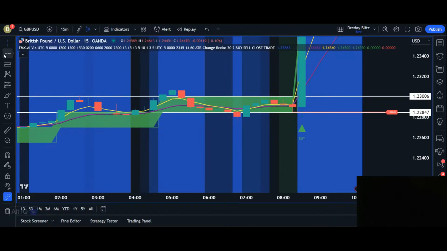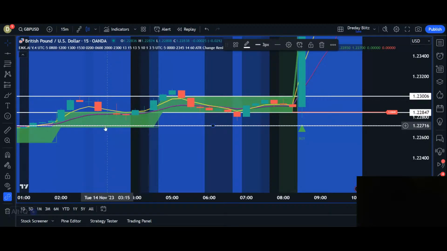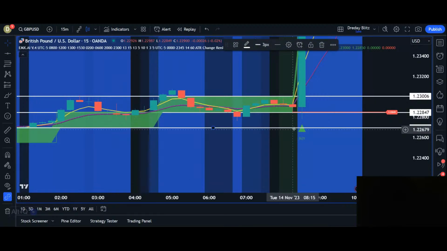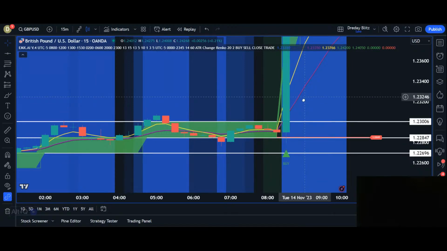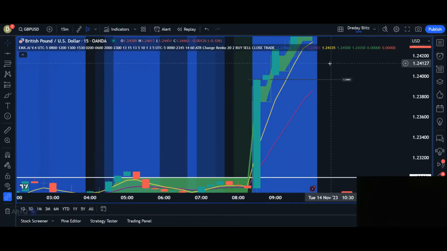Since it's going up, this is the top of the Renko, and it closed here, right? So the top is here. And as you can see, it never went to that price, so it gives you some leeway to take the full move, right?